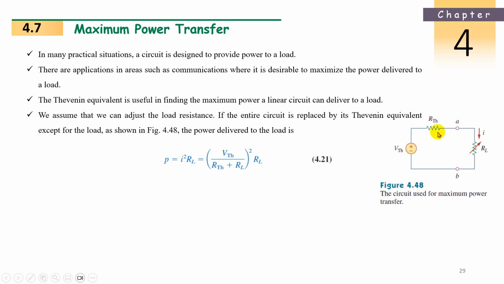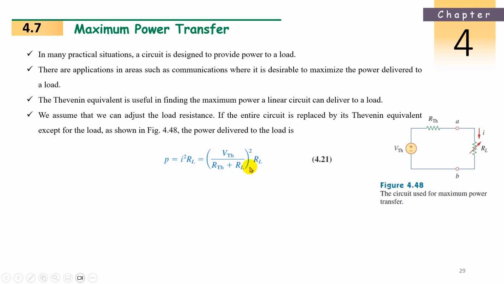That is the current, because it's one loop only. All these two resistances are in series. So it is I power 2 multiplied by RL, that is the resistance where we want power. For that resistance we apply I square R, then it is your power.